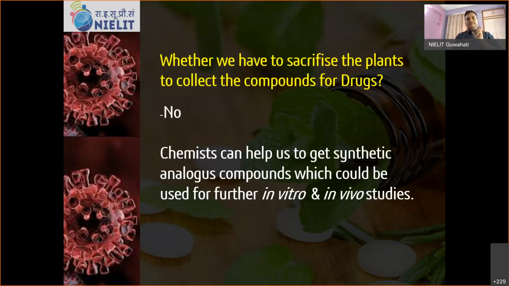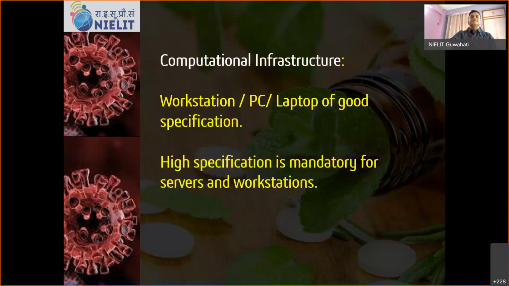He will help you in designing the synthetic protocol and will produce exactly the same molecule which is available in the plant. That way we can produce in bulk. You need not go back to nature every time and destroy natural resources. That is just general information that I want to pass.